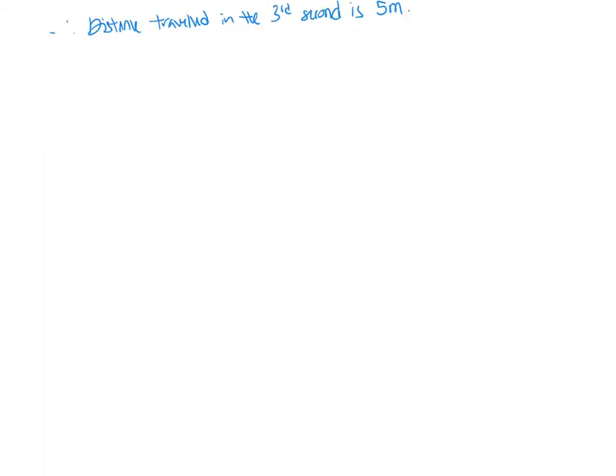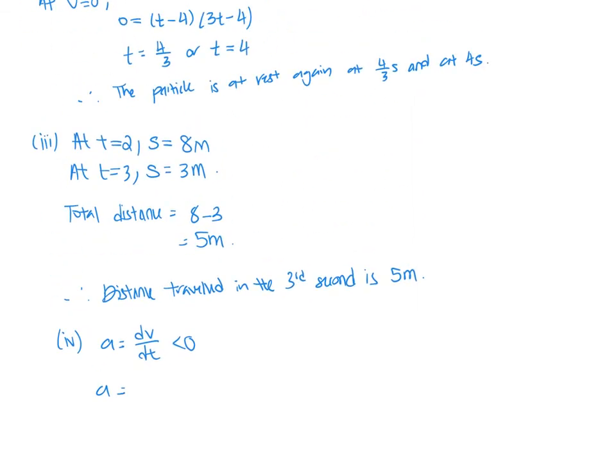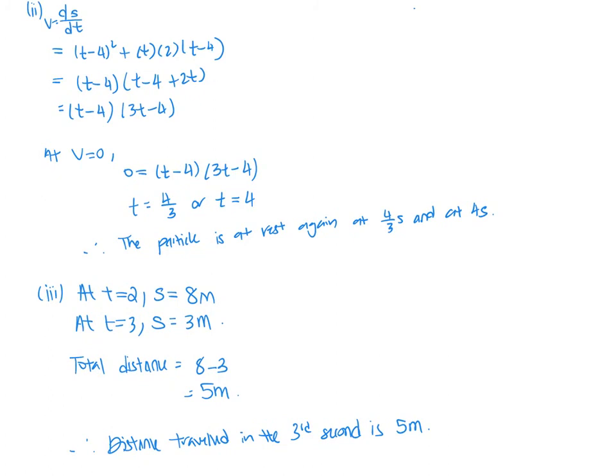Alright, for part 4, we are supposed to find the time interval during which the velocity is decreasing. As mentioned earlier, we need to find out where our acceleration is less than 0. Before that, we do not have our acceleration function, so let's perform the product rule on my v, which we have differentiated earlier, which is this.